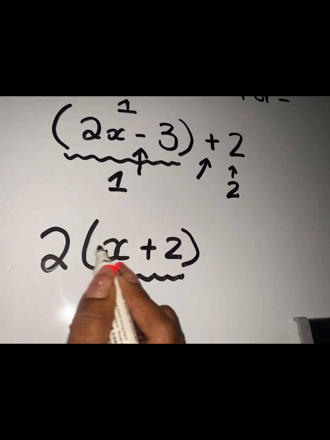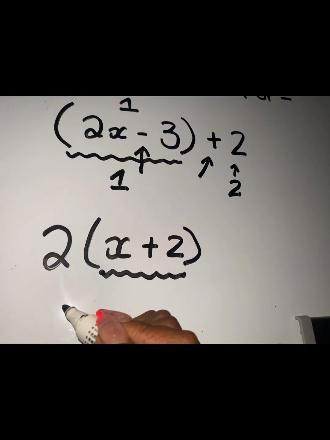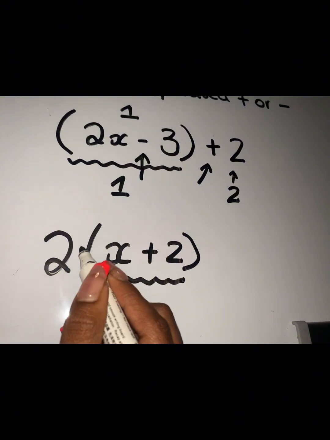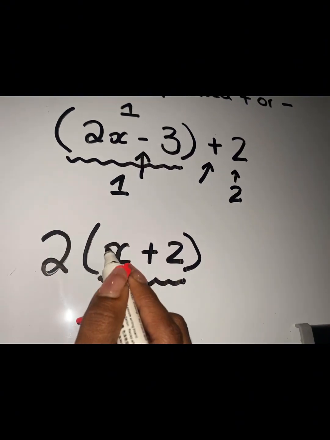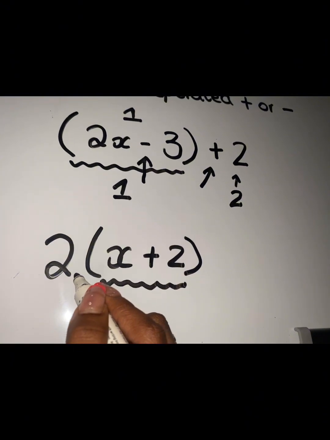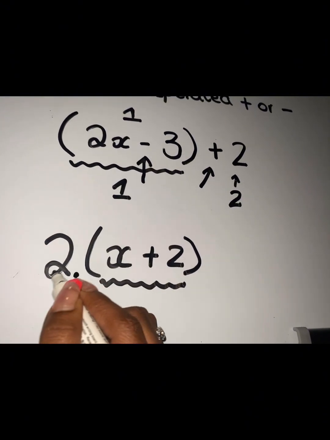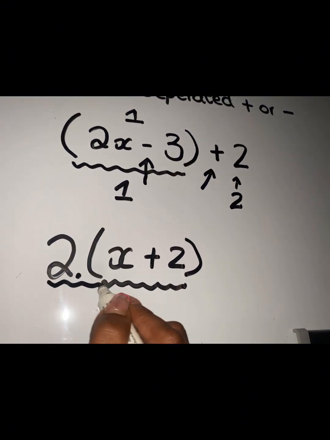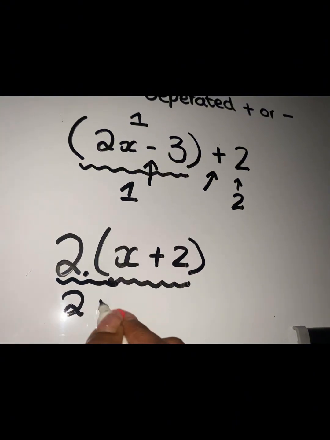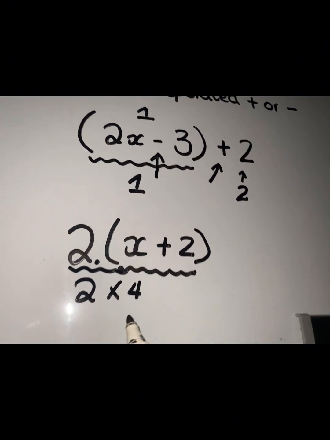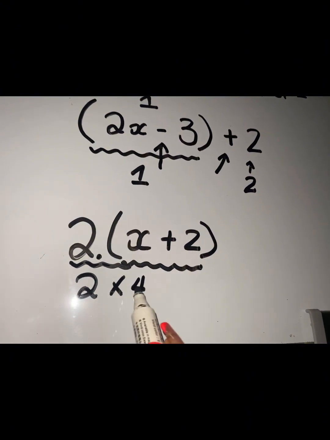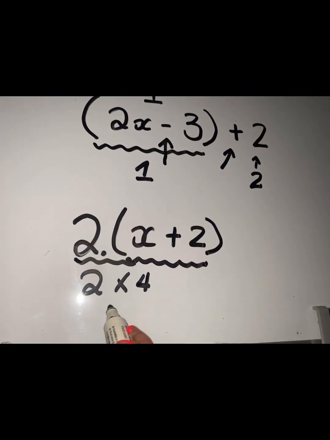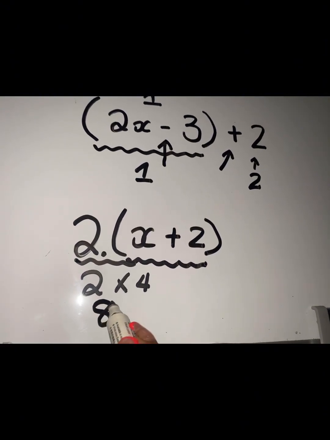Is the 2 added or subtracted to the bracket? You see we do not have any plus here, so we cannot say the 2 is added to the bracket, but it means that the 2 is being multiplied to the bracket. So this whole thing is multiplication. And remember, I said in terms of multiplication, whenever you have two numbers multiplying together, they are put together to form one thing.